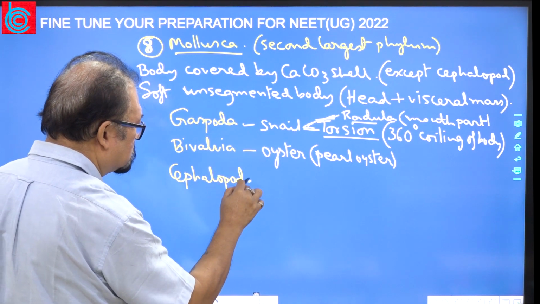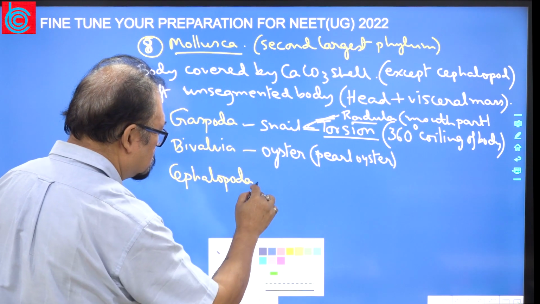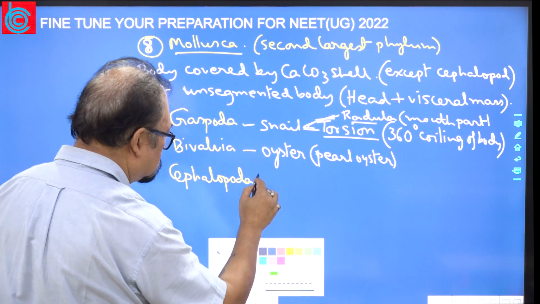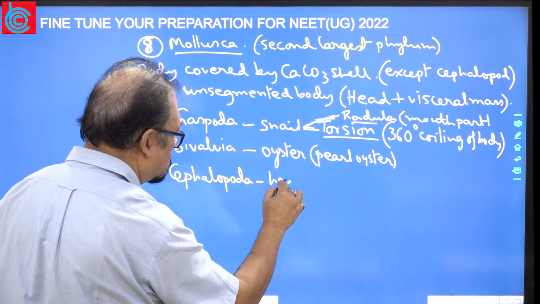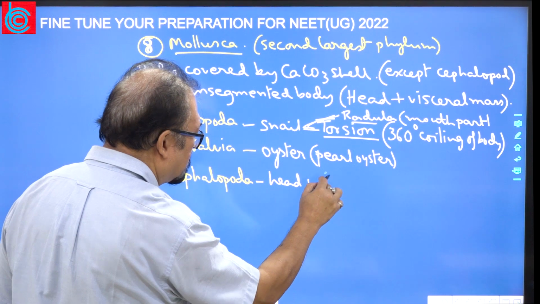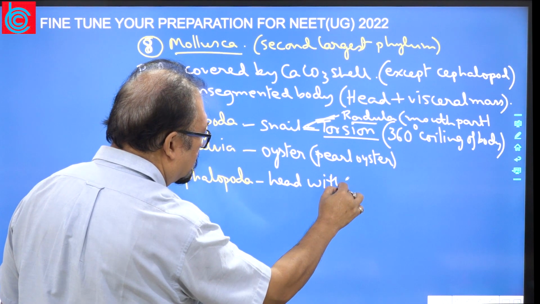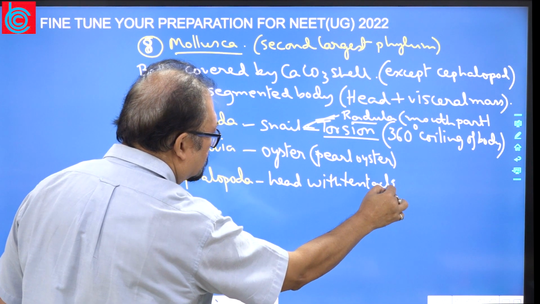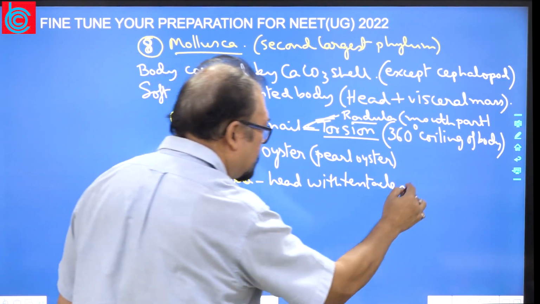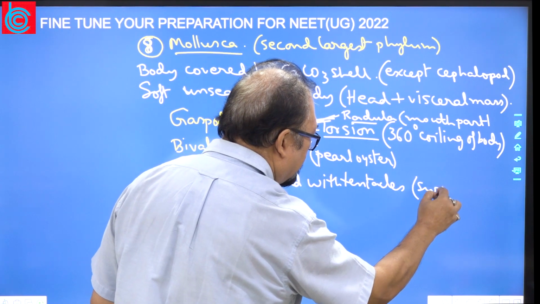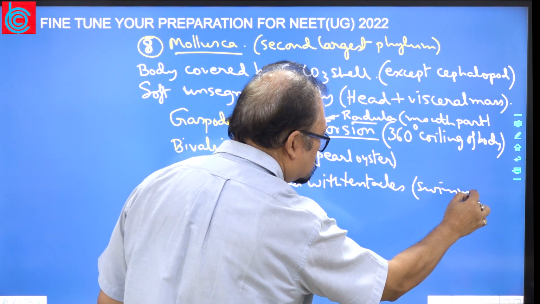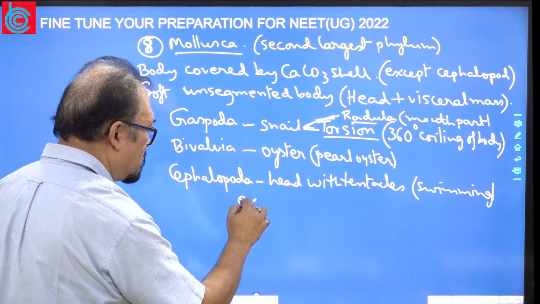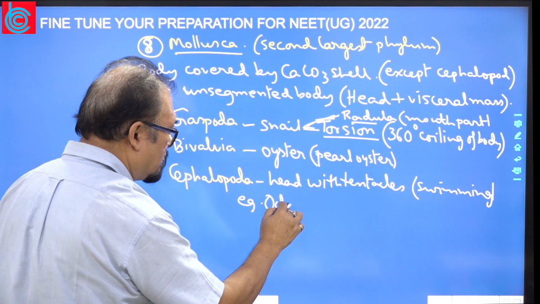Cephalopoda. Head with tentacles for swimming. Example, octopus.